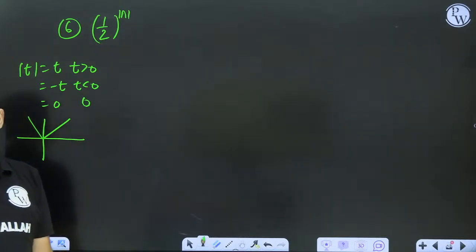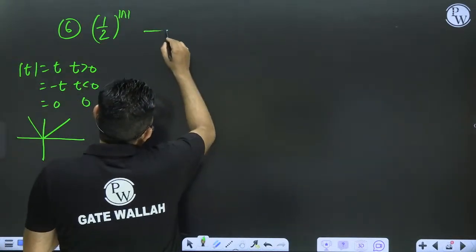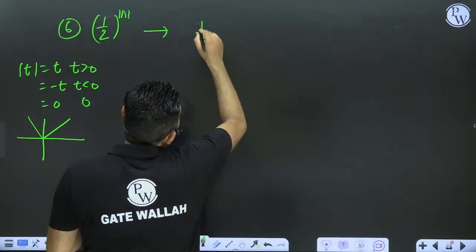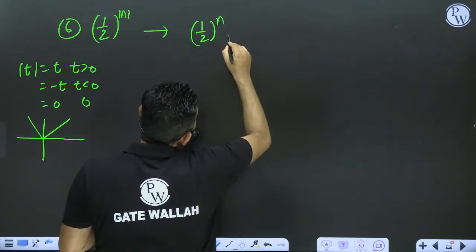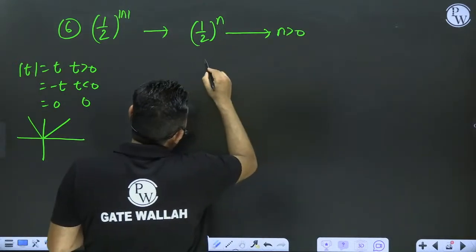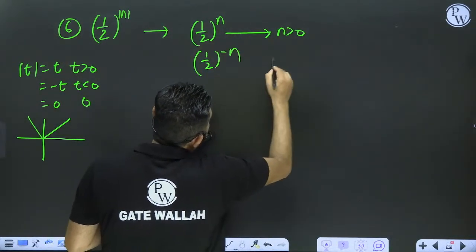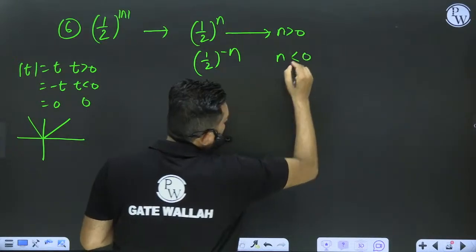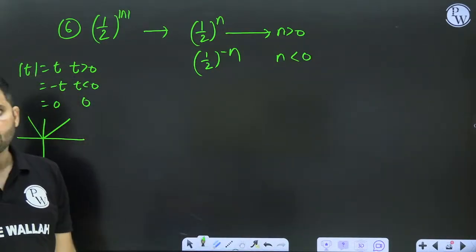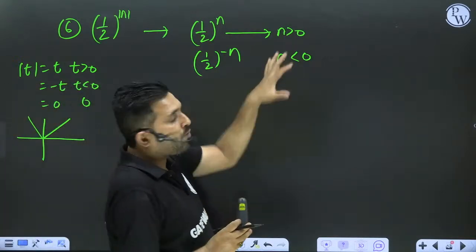But if you straight away use this definition, 1 by 2 to the power n for n greater than 0 and 1 by 2 to the power minus n for n less than 0, then there is one catch. What will happen at 0?